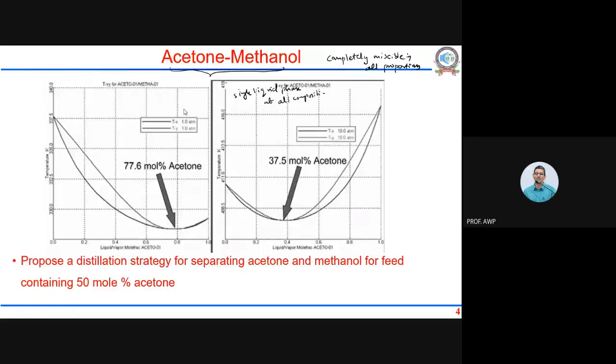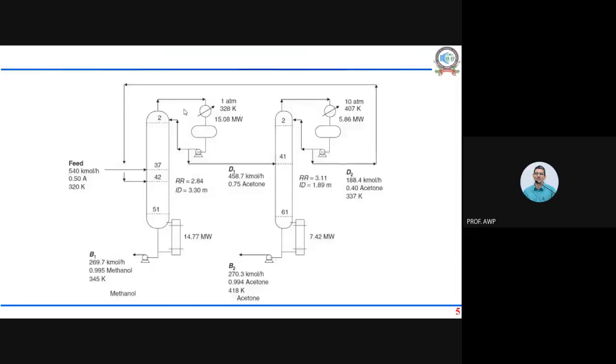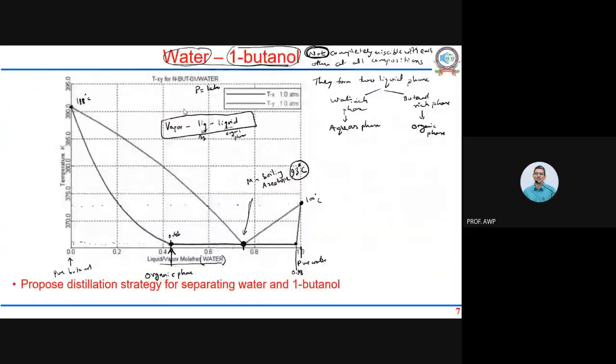There the liquid phase was only one liquid phase at all compositions. Whereas now I have two liquid phases. The aqueous phase, water rich phase, has 98% water, maybe 2% butanol. And the other, organic phase, butanol rich phase, has 42% water, 58% butanol.